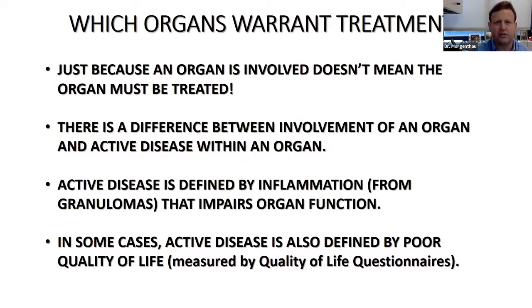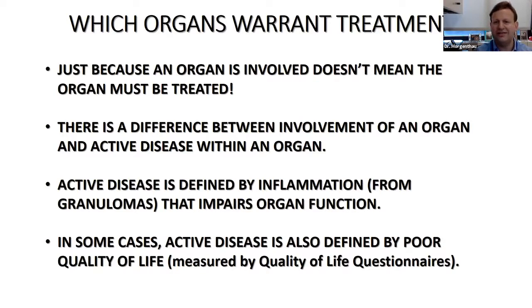It's really, really important to emphasize and focus on this slide because it's important. Organ involvement is not the same as organ activity. And just because an organ is involved doesn't necessarily mean that it needs to be treated. An organ involved means that there's evidence of sarcoidosis in the organ.